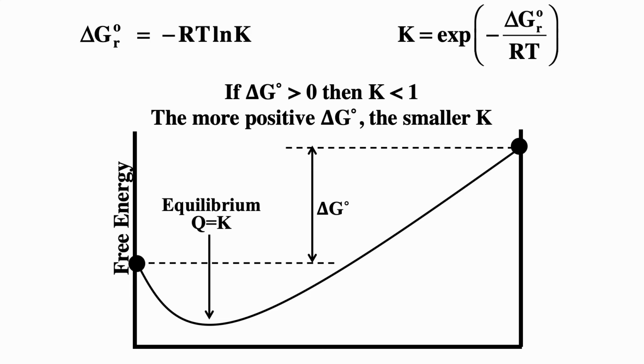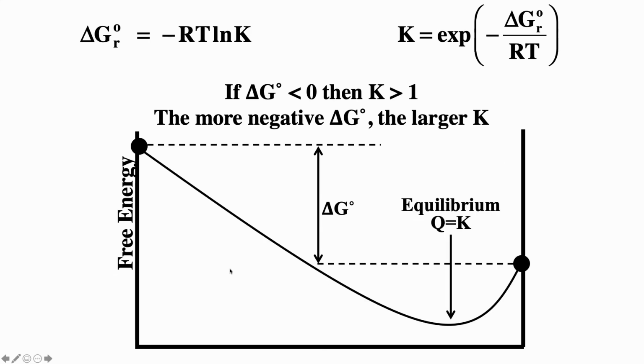And the more positive delta G naught, the smaller the K. If delta G naught is negative, remember delta is always products minus reactants, and the higher the free energy, the less stable. And so if delta G naught is negative, that means the products are lower in energy, more stable. At equilibrium, we should have more of the products. Remember on the right-hand side, it's all products. Left-hand side is all reactants. The more negative your delta G naught, the larger the K.